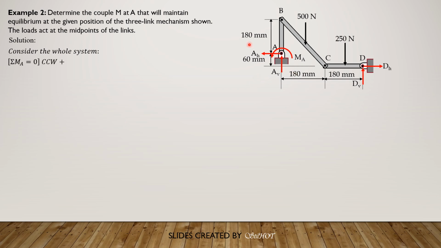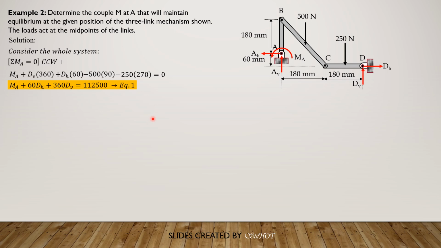So we have MA plus DH times 60 plus DV times 360, then minus 500 times 90, minus 250 times 90 plus 180 is 270, so minus 250 times 270 equals 0. So simplifying, MA plus 60 DH plus 360 DV equals 112,500.